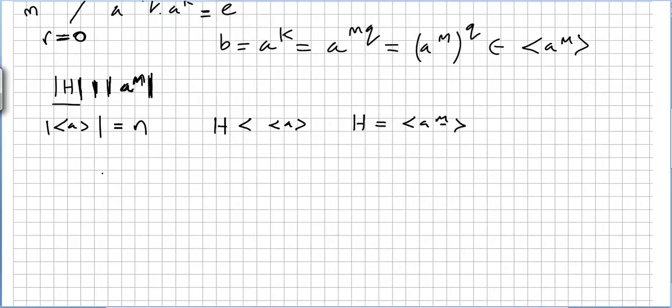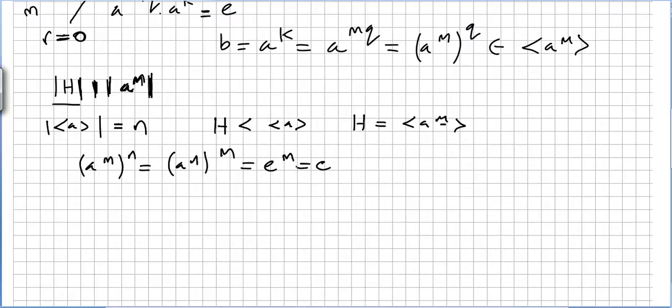Okay, and since a to the power of m performed again equals a to the power of nm, this means that e, the identity to the power of m, equals the identity. Okay?